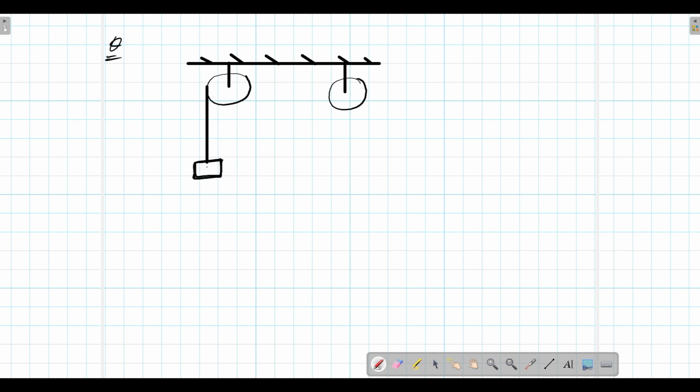So this is A, tension T is directed upward.